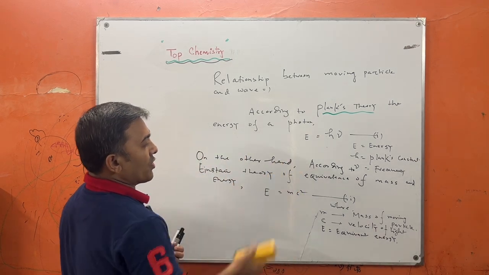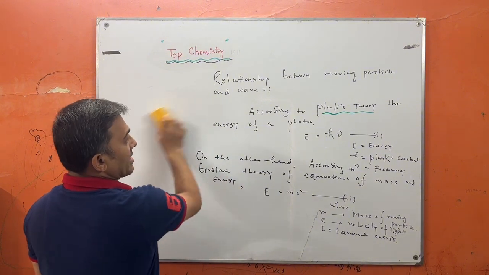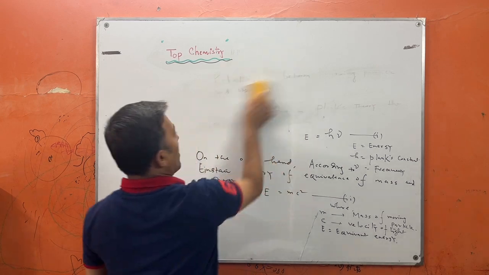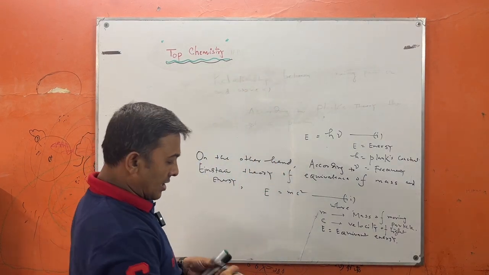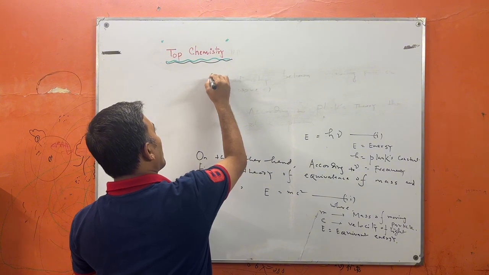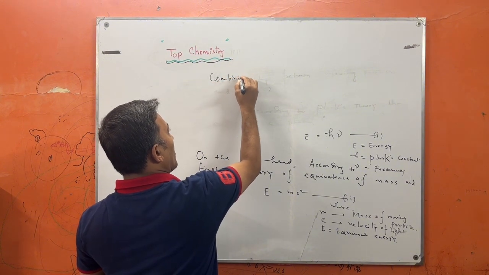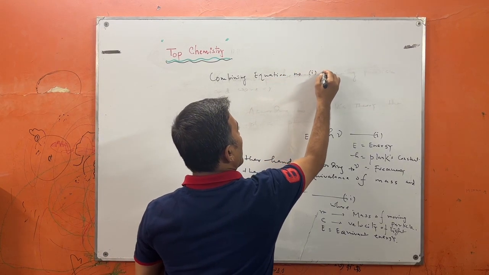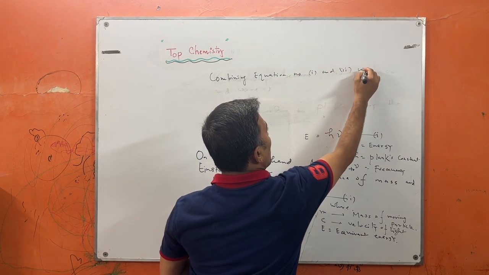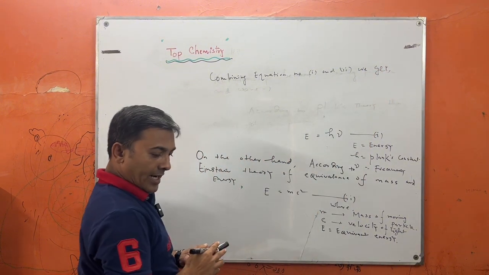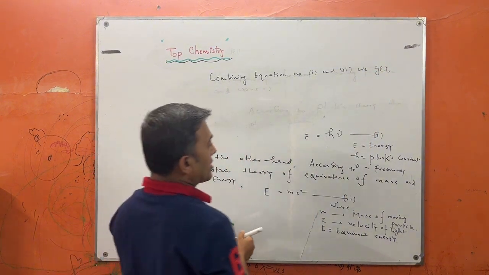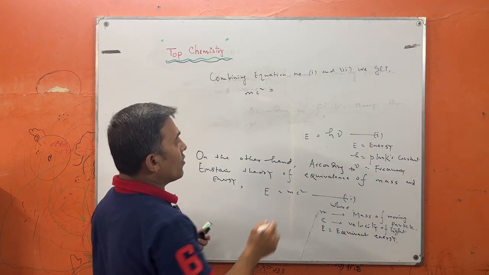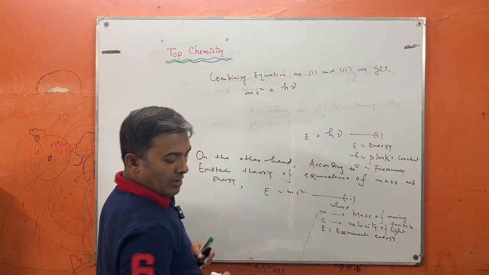Combining these two equations, write down please. Combining equation number 1 and 2, we get mc square equal to h nu.